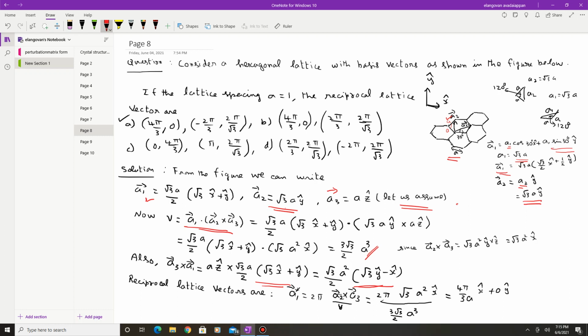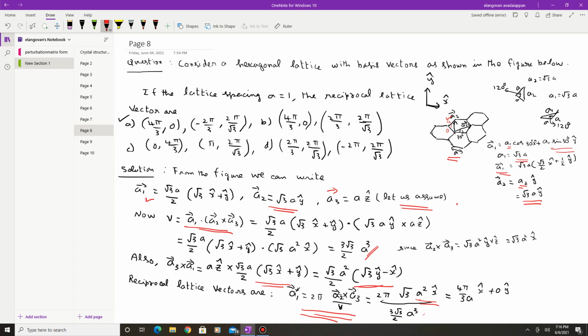So what is the reciprocal lattice vector? By definition, the reciprocal lattice vector a1 star, where the star represents the reciprocal lattice vector, is equal to 2 pi into a2 cross a3 by V, where V is the volume of the cell. a2 cross a3 we have already calculated, and V is also calculated.